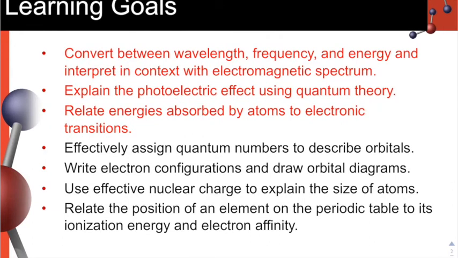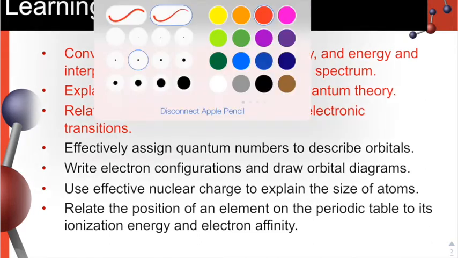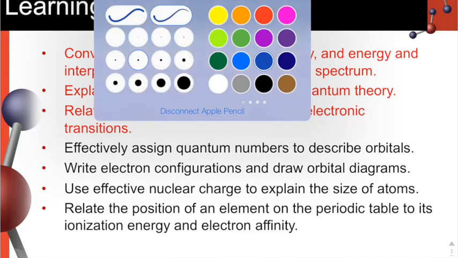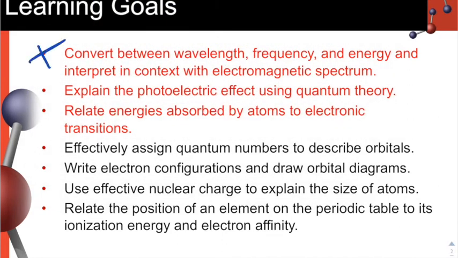So here are your learning goals for the chapter, and the first three are highlighted in red because that's about all I'm going to attempt to address in this video. In fact, the first one I actually will not address, and we'll save that. We're saving all the calculation type stuff for class. I will talk about the electromagnetic spectrum, but I'm not going to talk at all about wavelength, frequency, and energy.